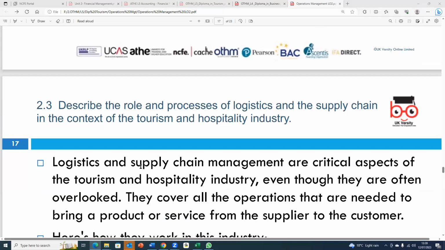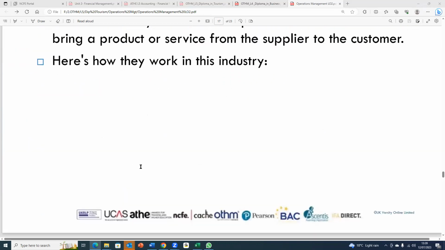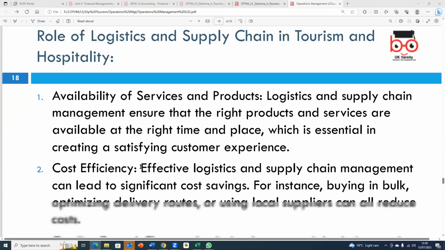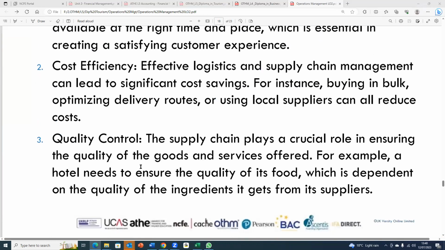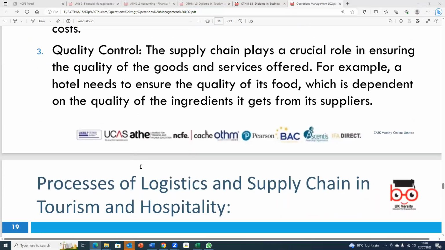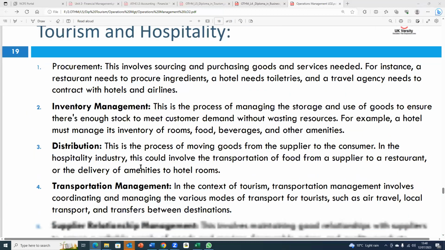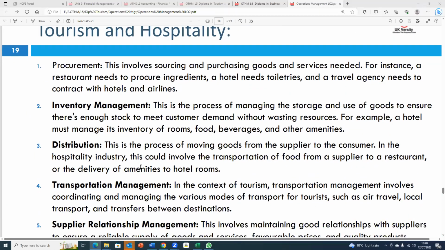2.3 says describe the role and processes of logistics. So it's logistics and the supply chain. Managing the supply chain in the tourism industry is very important, because you need raw materials like toiletries, food materials, inventories like beddings, and beverages.